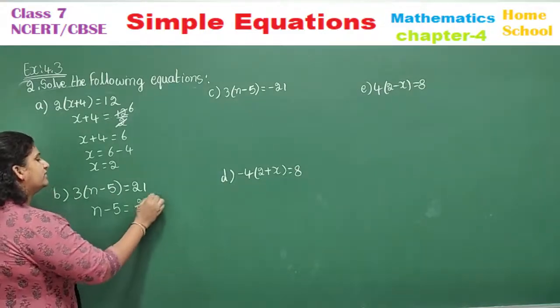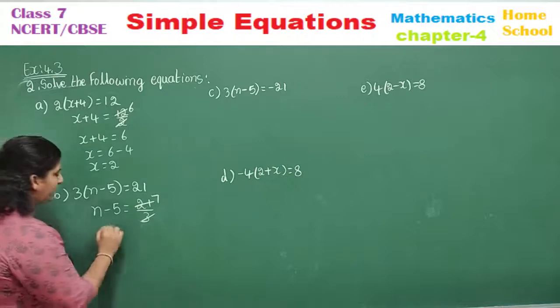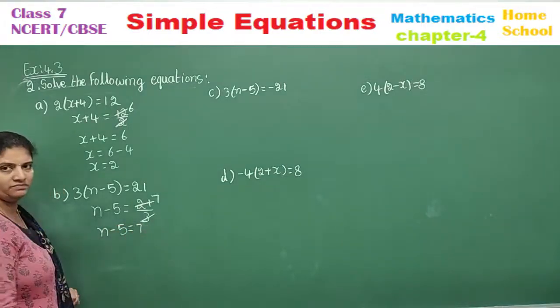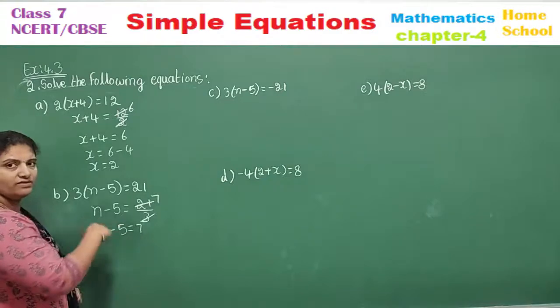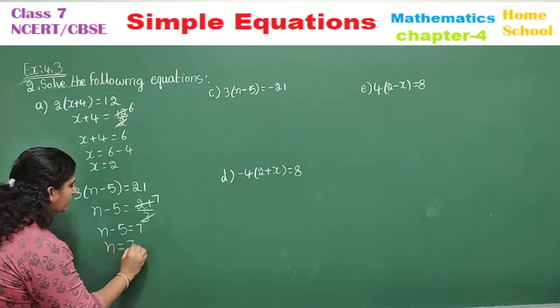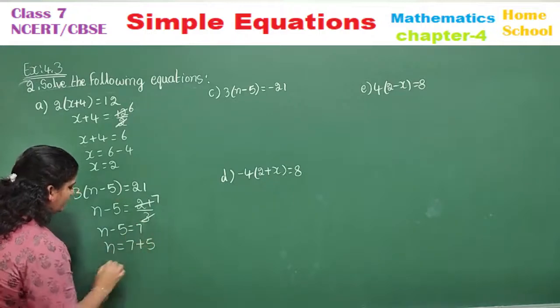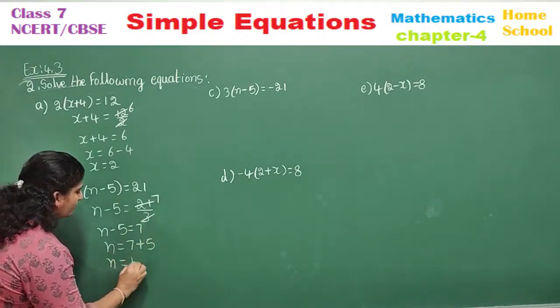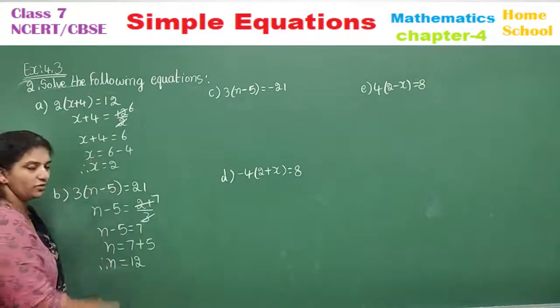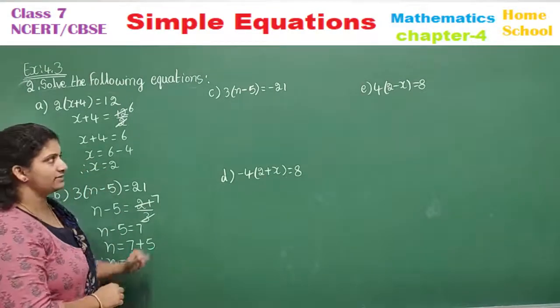Yes, 3 7s are 21. n minus 5 is equal to 7. Minus 5, send to the other side, plus 5. n is equal to 7 plus 5. Add 7 and 5, it will be 12. Therefore, n is equal to 12 is your answer.